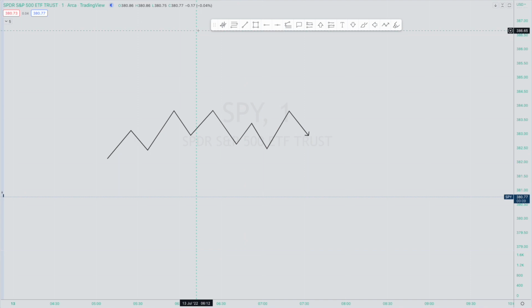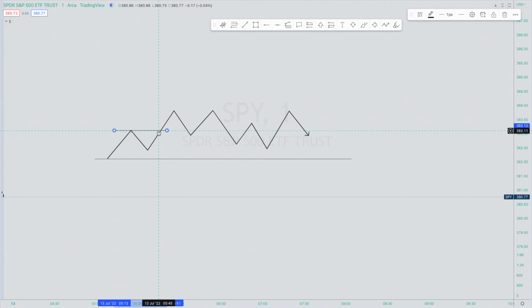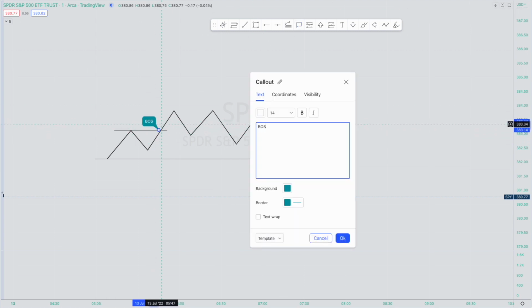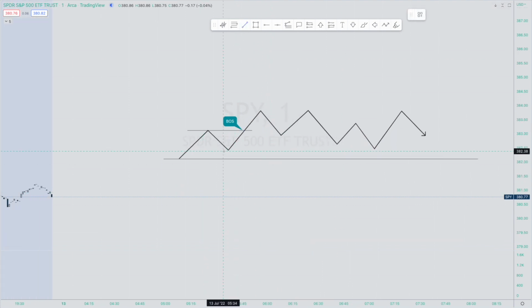So if we were to draw this out market structure wise, we have a low right here. We have a high right here. We have a break of structure right here. So that break of structure signifies that we now have a higher low. We have a higher high.